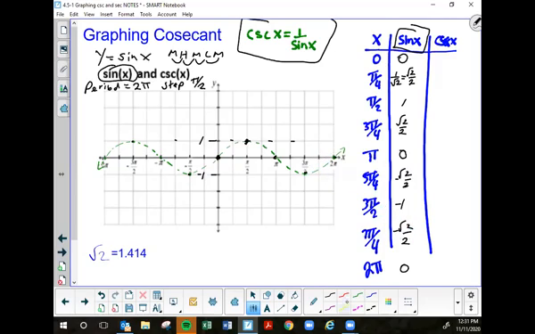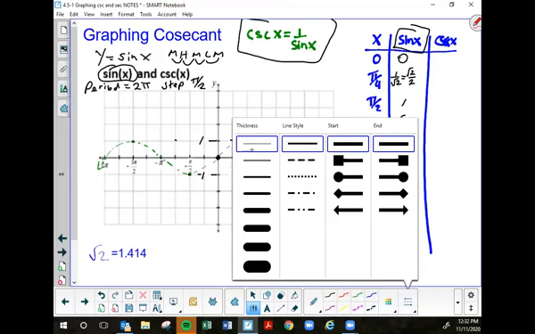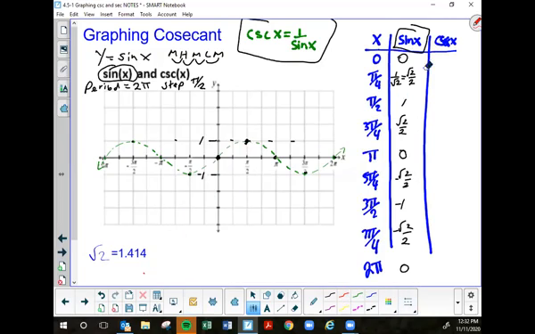Now we're going to do the cosecant. So I'll do this in red. Right. So if I want to graph the cosecant of x, the cosecant is the reciprocal of the sine.